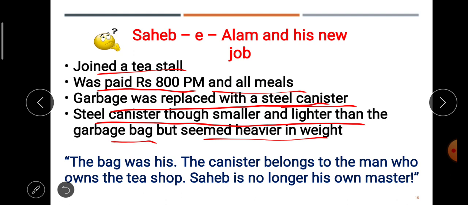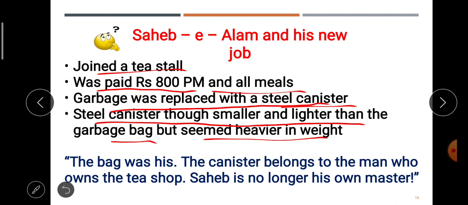He was the master of his own. He used to work according to his own will and wish, but now he is working under the control of his boss. Somebody is there over his head who controls him, who guides him, who forces him to work in a certain way. And this is a type of slavery for the child. And slavery is heavier than any burden on this earth.